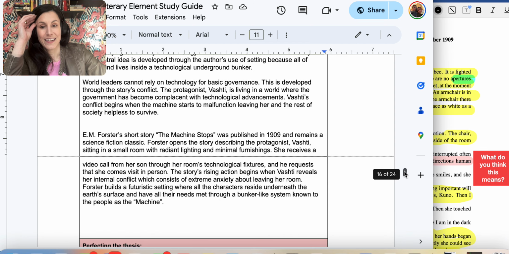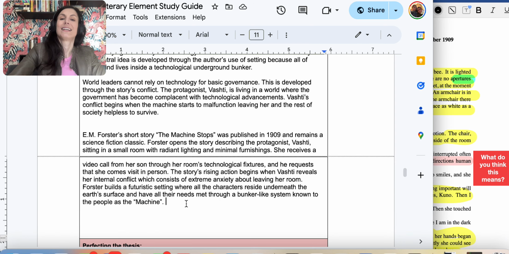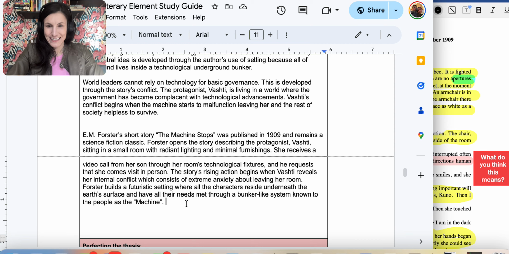So, as I come here, we should say Vashti's conflict, the story's rising action.